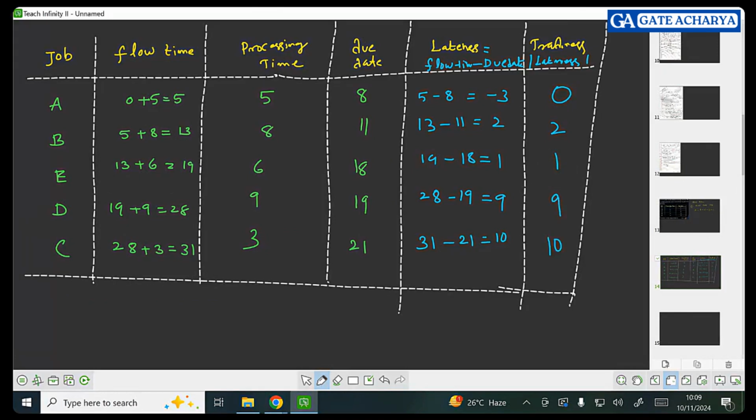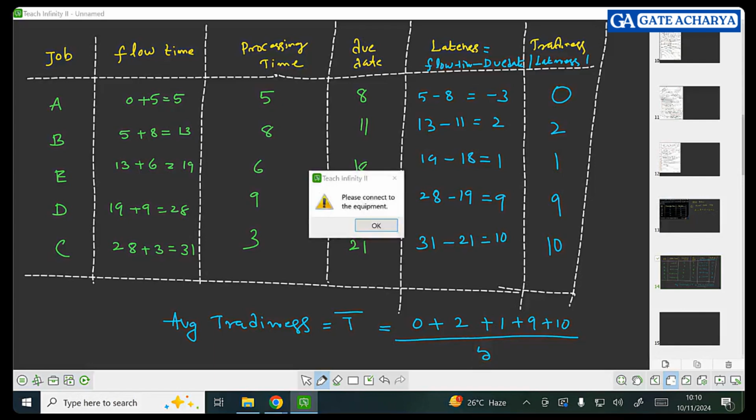So what did they ask you to calculate? Average tardiness. Average tardiness is equal to T bar, the sum of all: 0 plus 2 plus 1 plus 9 plus 10, divided by the number of jobs, 5.